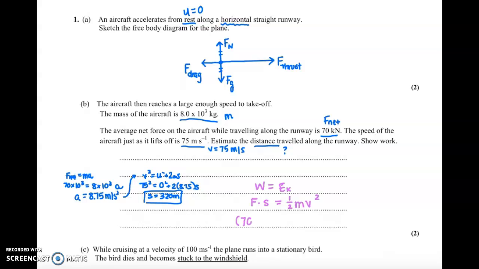We know the average force. We're solving for distance. We know the mass. And we know the resulting velocity. If you would have liked, you could also have put initial kinetic energy, but realize that initial velocity is 0, so that goes away. And solving using this method also gives us the same answer.